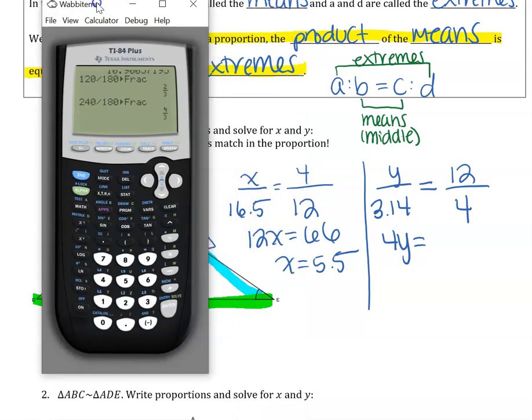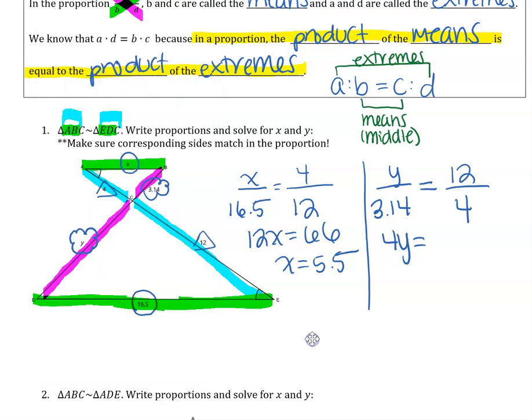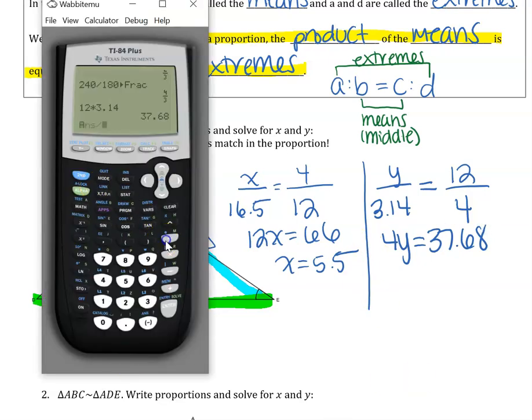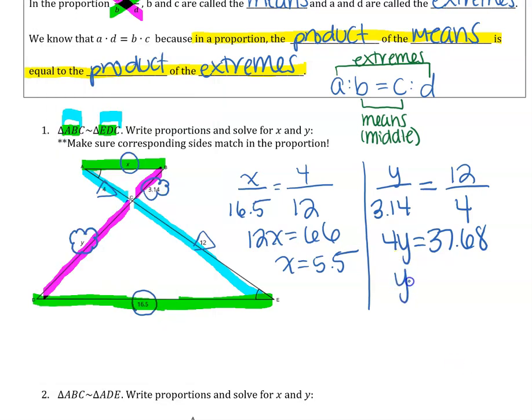All right, 12 times 3.14 is 37.68. I'm going to divide that by 4, and I get 9.42. And there you go.